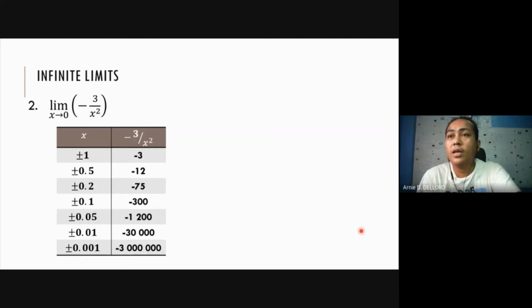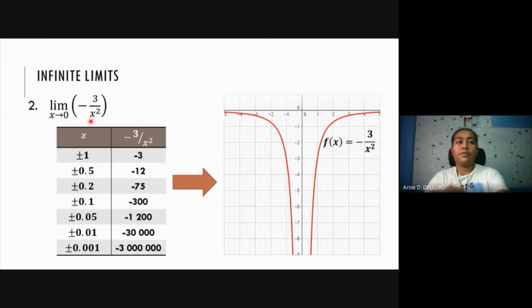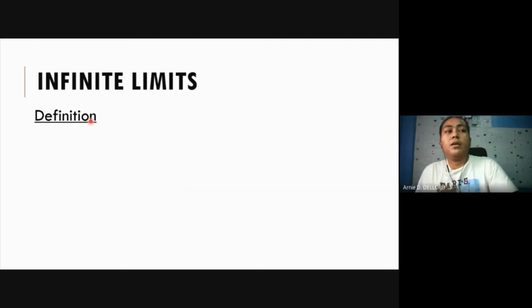Okay? Kung kanina, di ba positive? Positive yung value ng function. In this case, negative. So, papunta saan yung behavior ng graph? Okay? We have this one. The limit of the function decreases without bound. So, the same idea na ginawa natin kanina, okay?